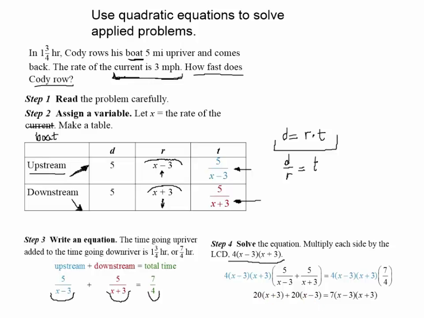You may want to, at the beginning here, make a little note that x minus 3 cannot be equal to 0. In other words, x cannot be equal to 3, if I add 3 to both sides of the equation.